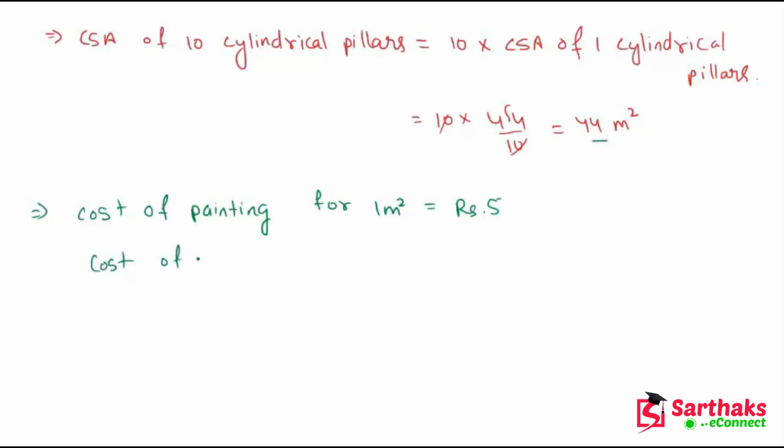So cost of painting for 44 meter square is equal to rupees 5 into 44. After multiplying this, here we get rupees 220. So the cost is 220 rupees.